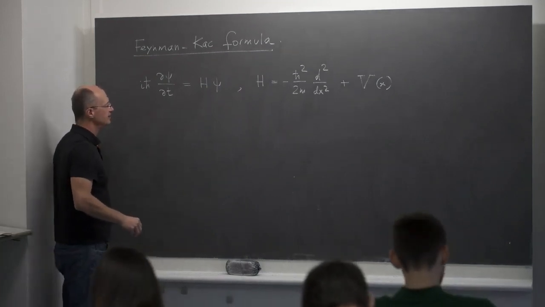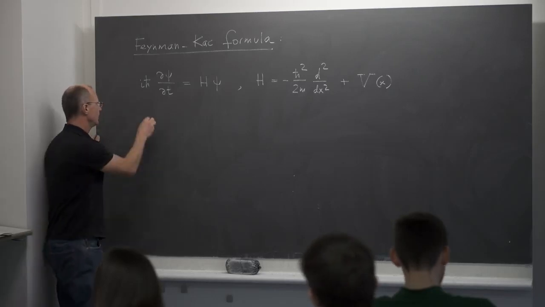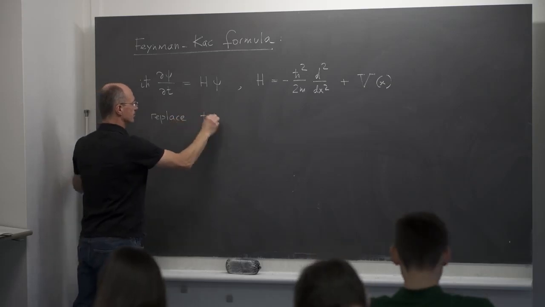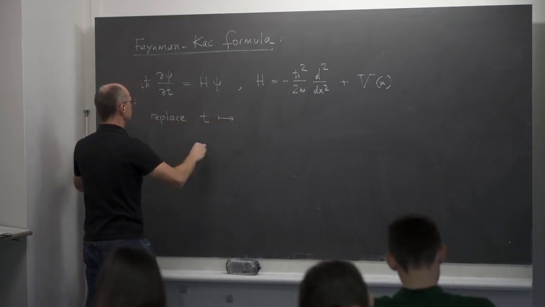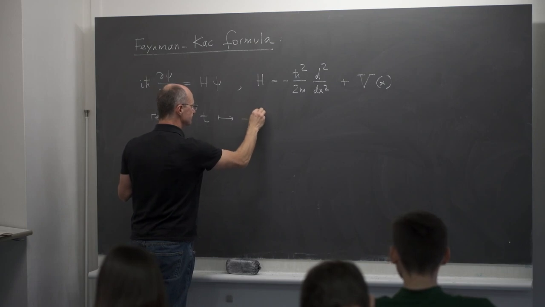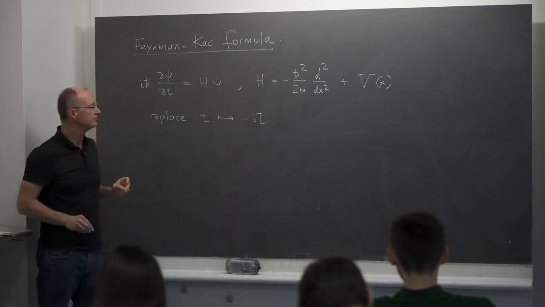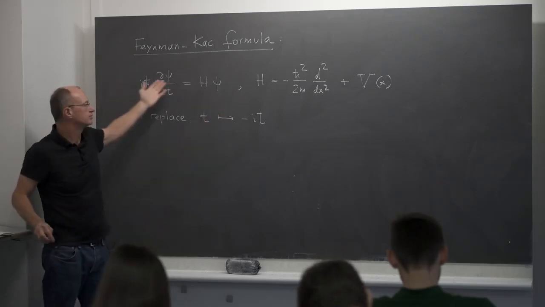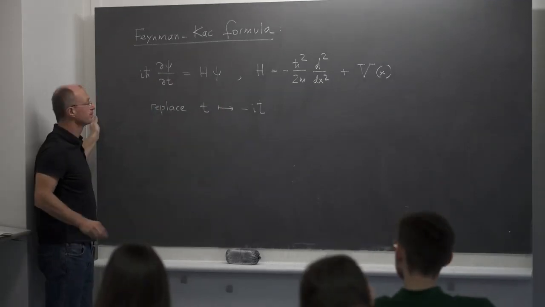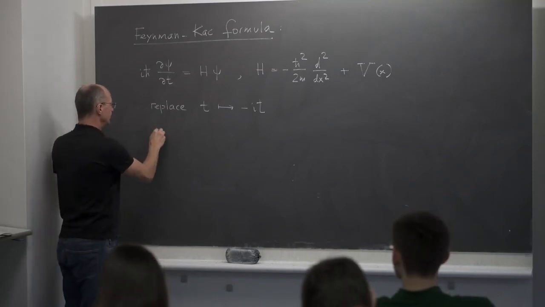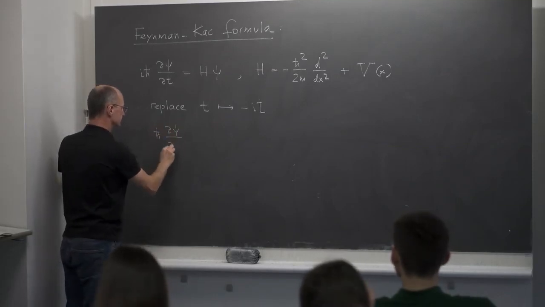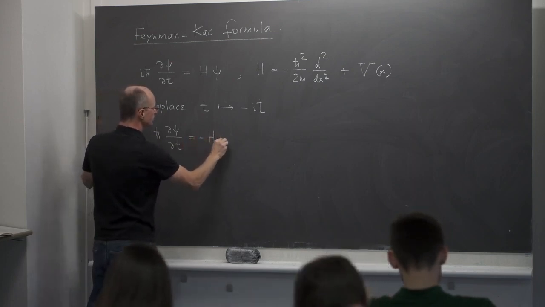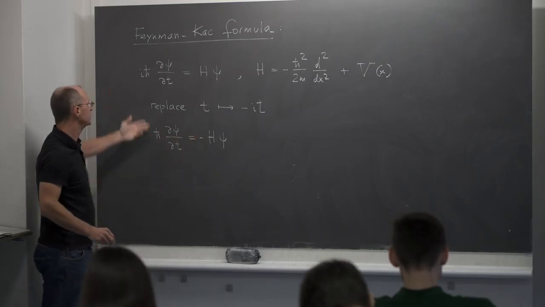And now the idea is as follows. Let's replace t with minus it. This is a kind of strange move, but let's see what comes out. So the equation changes, but it still has roughly the same form, right?